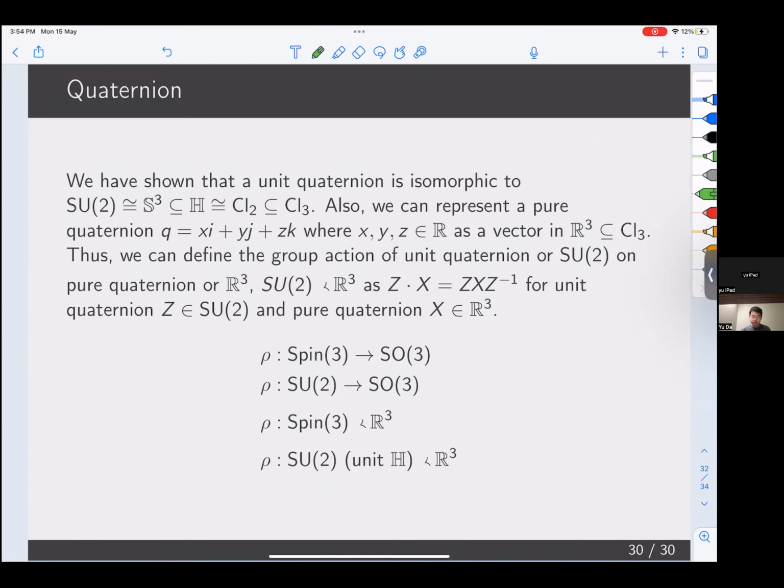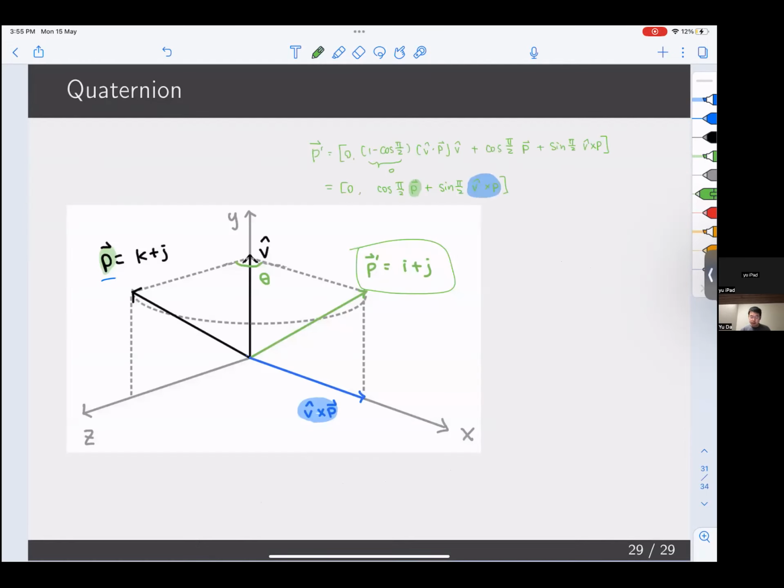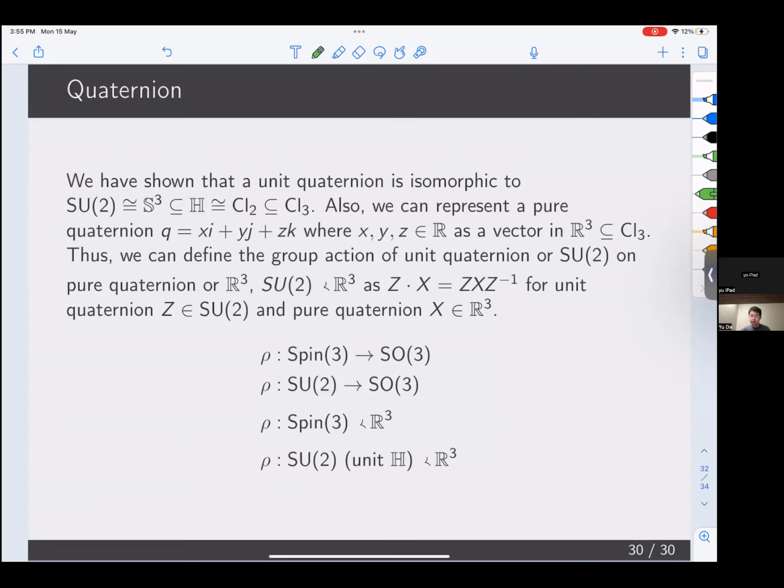This is because the Q P Q inverse form is exactly the same as the rho we defined before. Since rho from SU2 to SO3 is surjective, and the pure quaternion is isomorphic to SU2, under the map of rho we can express all rotations, which is SO3.